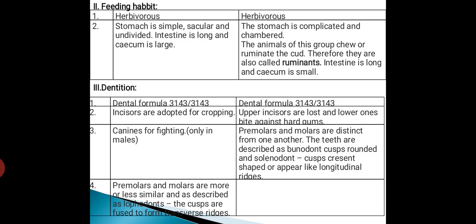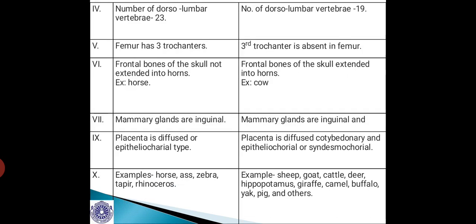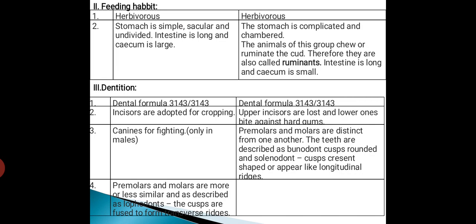The canines are used for fighting in the males of Perissodactyla, whereas in Artiodactyla the premolars and molars are distinct from one another, and the teeth are described as bunodont, wherein the cusps are rounded, and selenodont, wherein the cusps are crescent or half-moon shaped and appear like longitudinal ridges. So that is the difference between Artiodactyla and Perissodactyla.